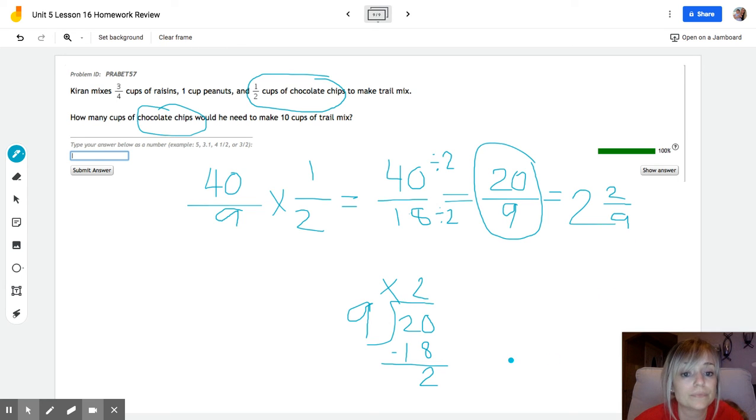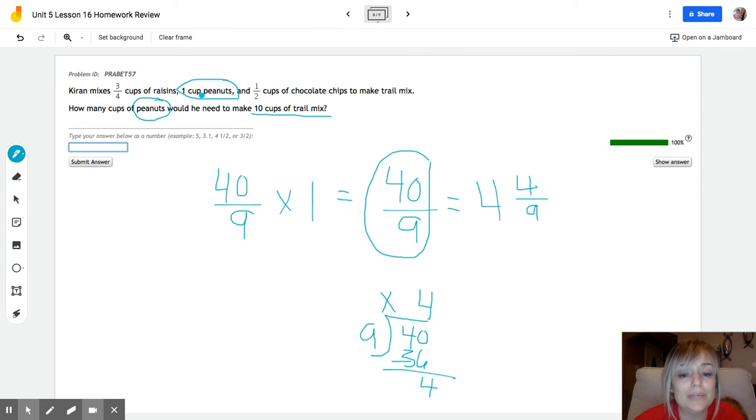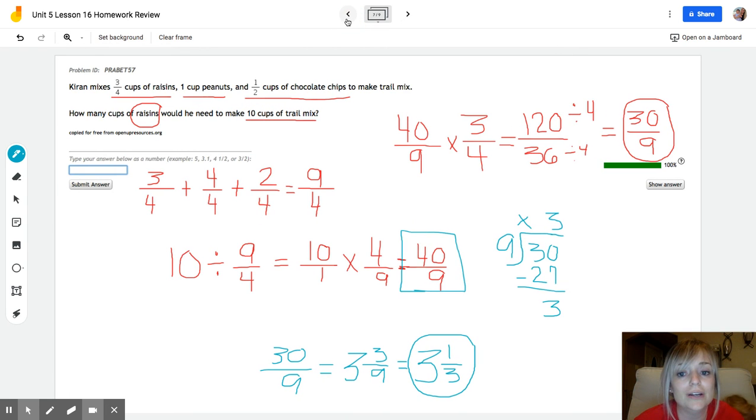Okay. I apologize if I made a mistake somewhere, but these are the answers. For chocolate chips, it's 20/9. For peanuts, it's 40/9. And for raisins, it is 30/9.